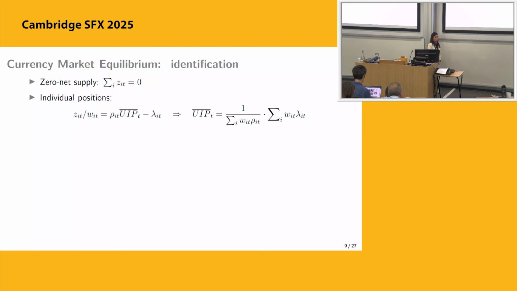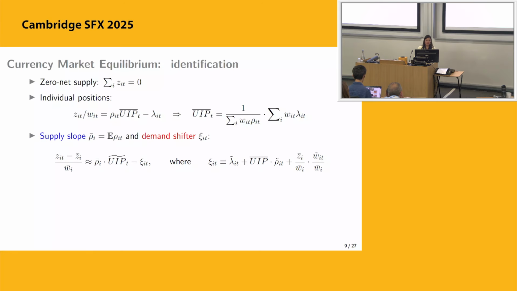That's the lambda, for hedging, for portfolio rebalancing, for speculating, whatever. The important thing is that it's a shifter in your demand for currency risk. And since the UIP is the same across all agents, you can solve it to be basically a weighted average of the shifters for all agents.